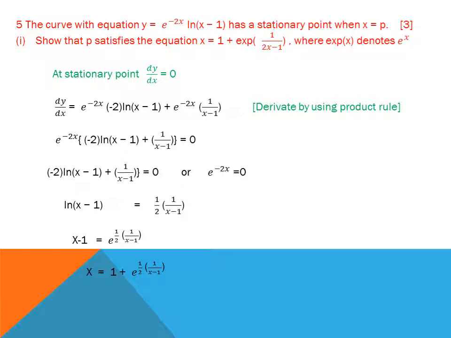So e power minus 2x into derivative of the power, which is minus 2, and write ln of x minus 1 as it is, plus e power minus 2x as it is, and the derivative of ln of x minus 1 is 1 over x minus 1, and the derivative of the inside, x minus 1, is 1. I take common e power minus 2x and simplify it. In the end I will find that x is equal to 1 plus e power 1 by 2 into 1 over x minus 1.